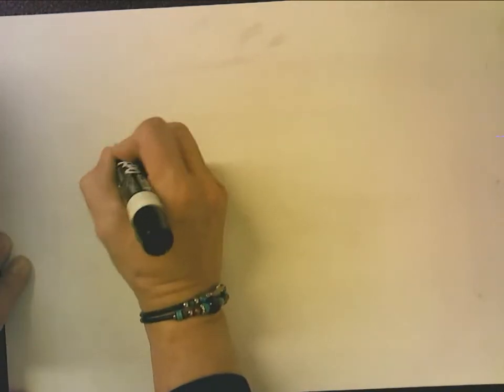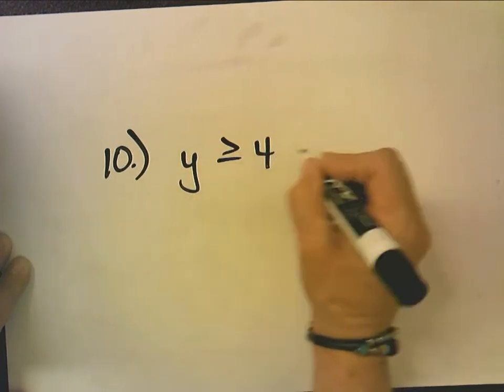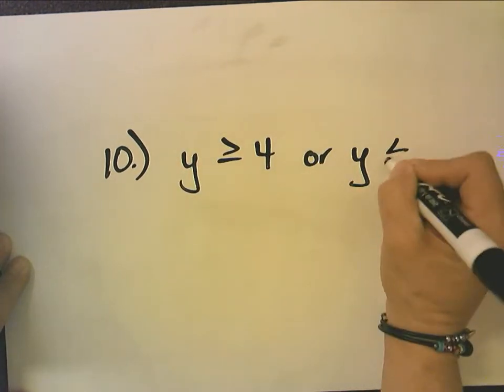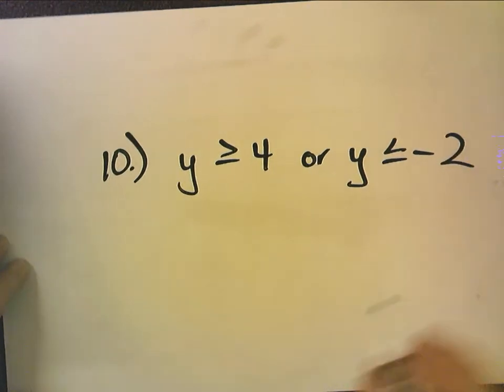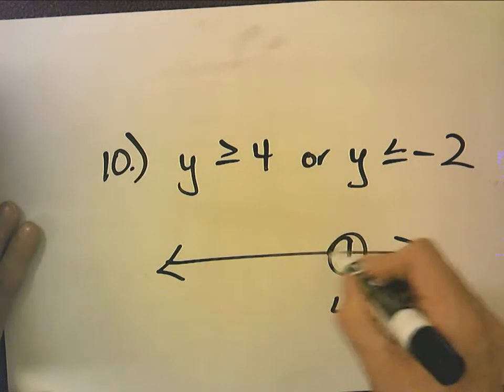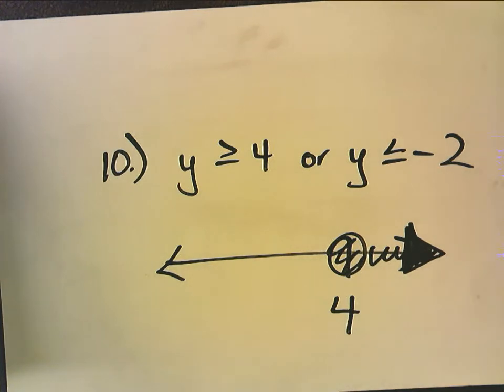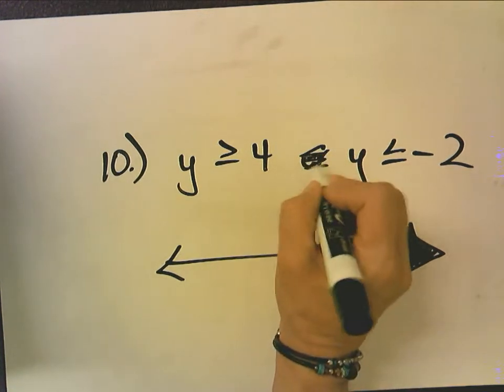Okay, number 10. Number 10 simplifies to y is greater than or equal to 4, or y is less than or equal to negative 2. So here, it has to be greater than or equal to 4 while, wait, is this an or or an and? I'm sorry, this is an and.